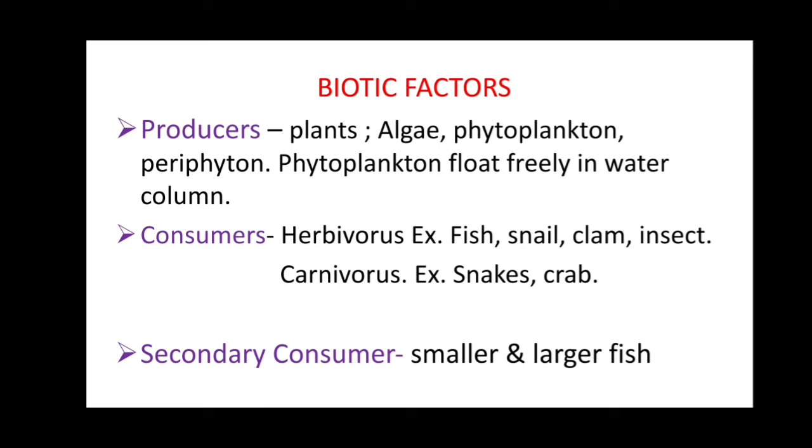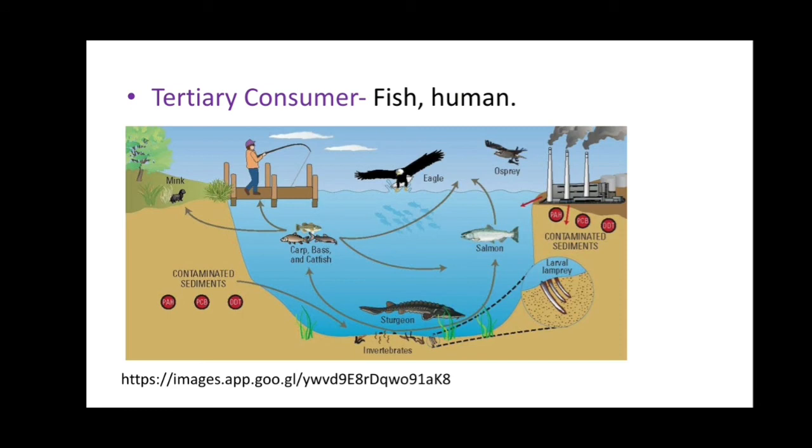These are the small organisms that feed on phytoplankton as well as algae. Again, on herbivores, carnivores feed, for example snakes and water crabs. Again, secondary consumers feed on the snakes and crabs. The small and large fishes are the secondary consumers. Here, the tertiary consumers are fish and humans. So humans can feed on small as well as large fishes.